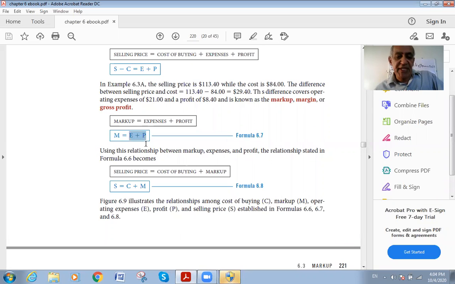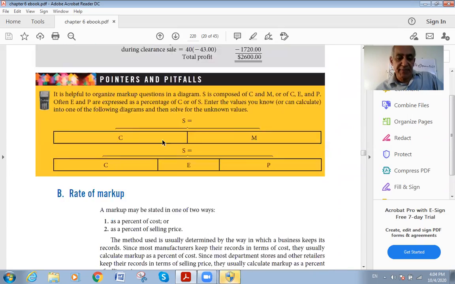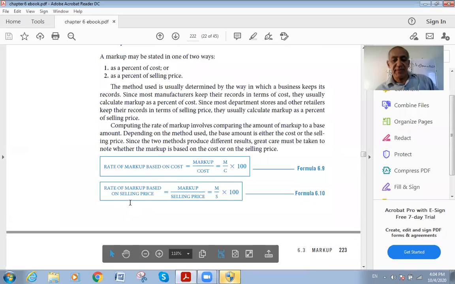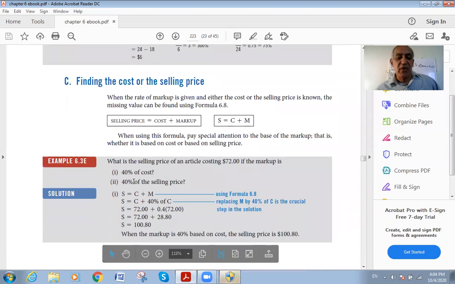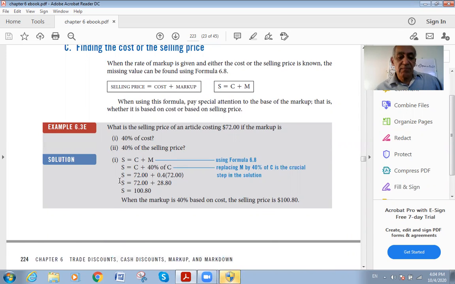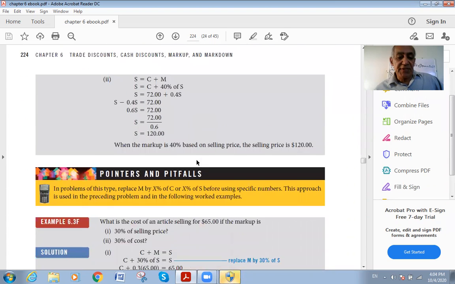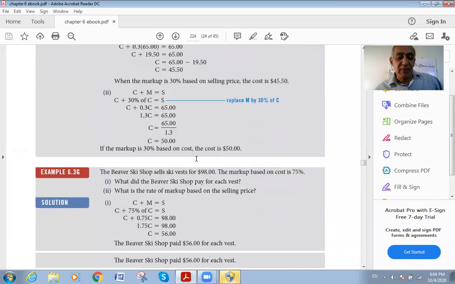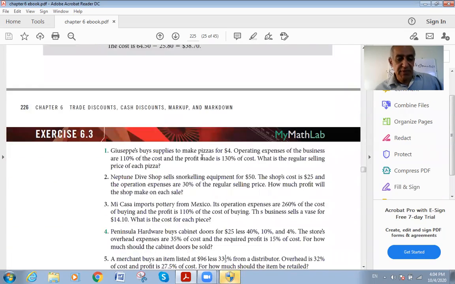So if I say expenses plus profits divided by the costs, this will give me the rate of the markup, and you will get a direct example about how to get the rate of the markup. Here are some examples, but I will give you one that is simpler than those.